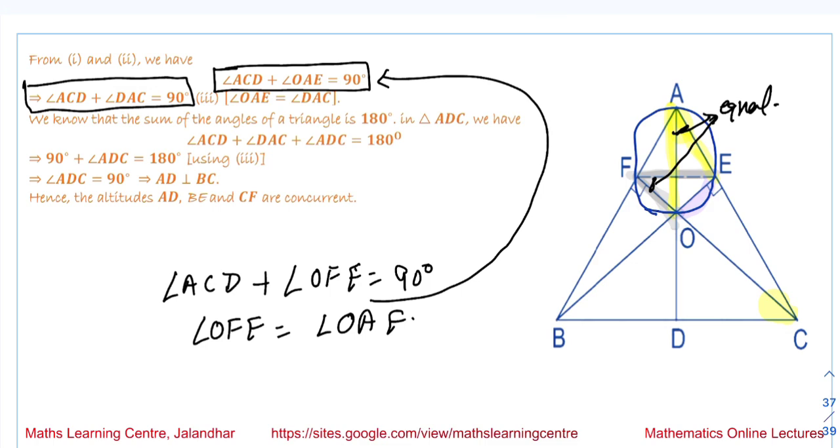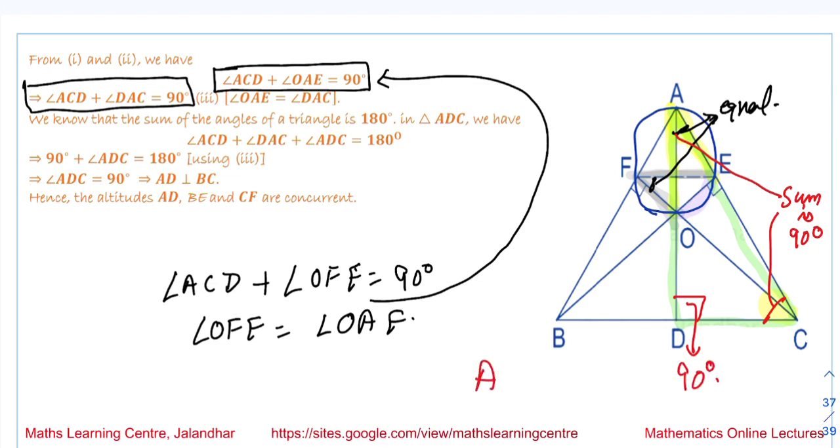Now we know that the sum of the angles of a triangle is 180 degrees. In this triangle ADC, we have proved that the sum of these two angles is 90 degrees, so the angle at D is 90 degrees.